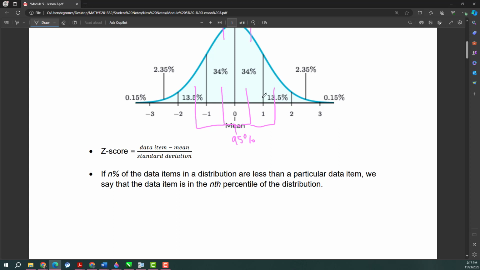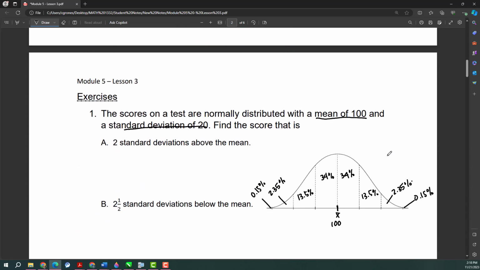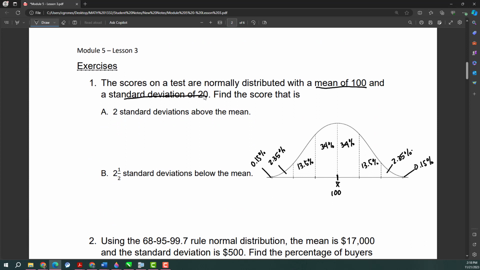That means that this line right here is one standard deviation above the mean. So in this particular question, our standard deviation is 20. So we would add 20 one time, and we get 120 is going to be this line right here.